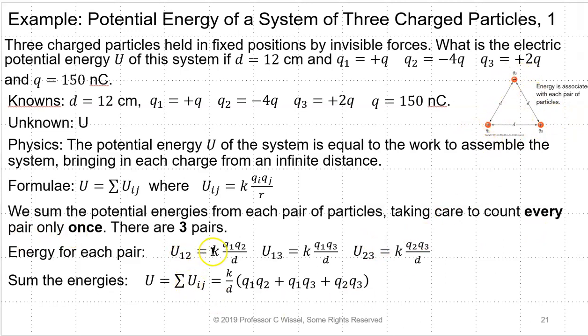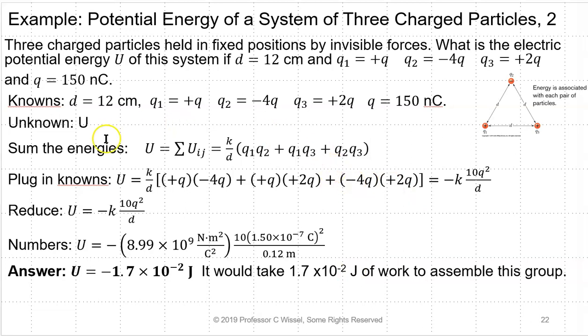So U12 is K Q1 Q2 over D. U13 is K Q1 Q3 over D. U23 is K Q2 Q3 over D. We sum them up and we can pull out the K over D because it's a common factor. So U equals KQ over D times the quantity Q1 Q2 plus Q1 Q3 plus Q2 Q3.